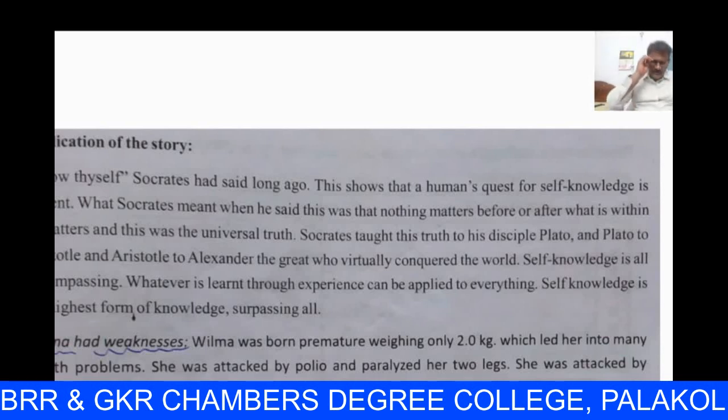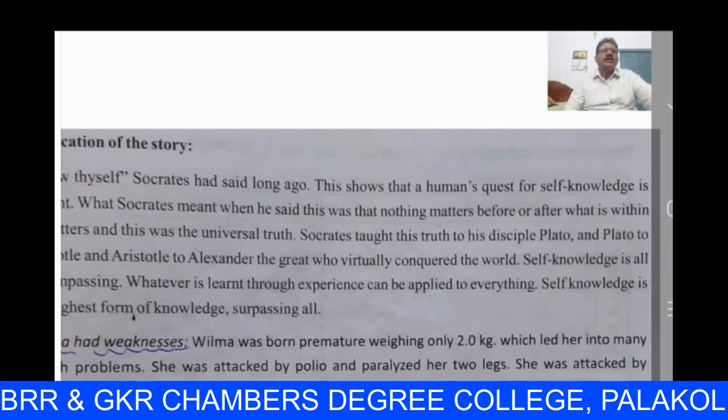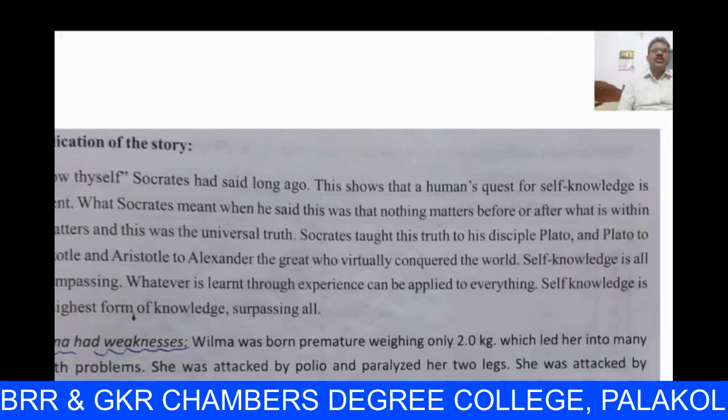See how they get the knowledge, the self-knowledge is encompassing. Whatever is learnt through experience can be applied to everything. Self-knowledge is the highest form of knowledge, surpassing all.